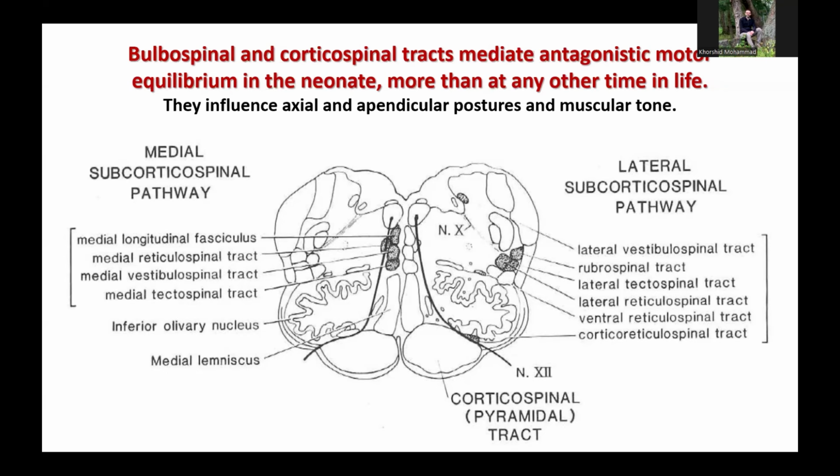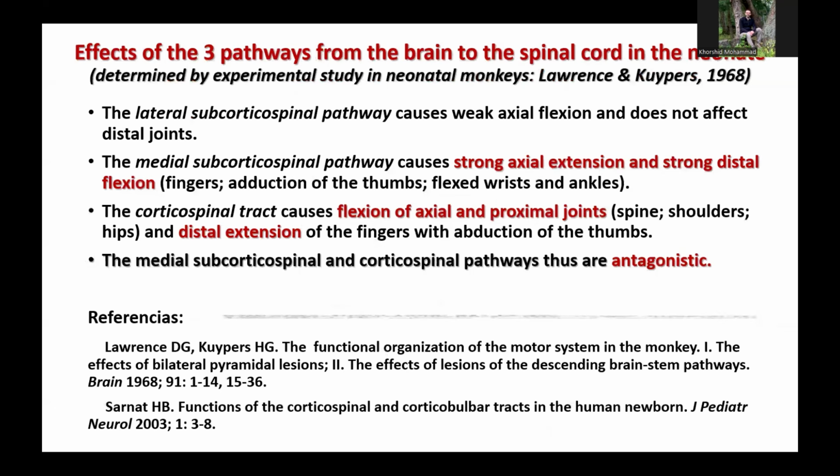And then there's the large corticospinal tract, which is not mature until 2 years of age, but still has functions in the term neonate and even in the preterm neonate, although those functions are somewhat different than in the adult. We can divide all of the descending pathways from the brain to the spinal cord into 3 groups: the lateral and medial subcorticospinal pathways, or bulbospinal pathways, and the corticospinal tract.